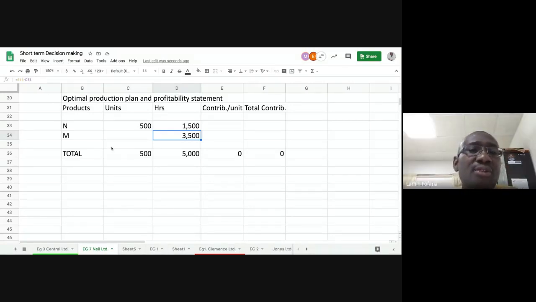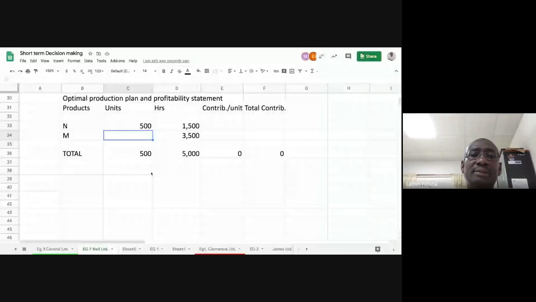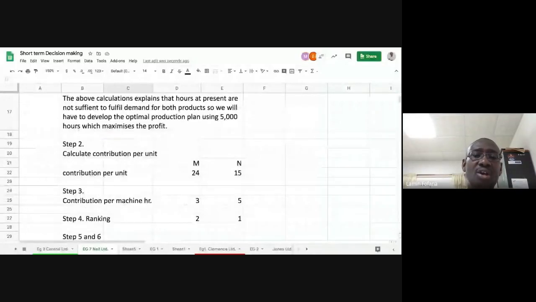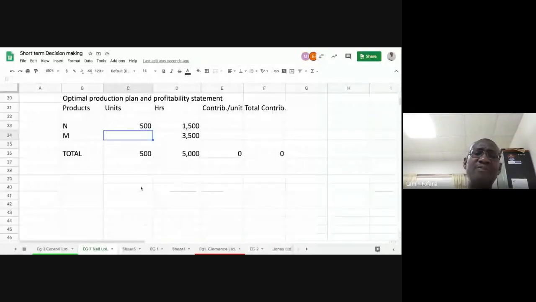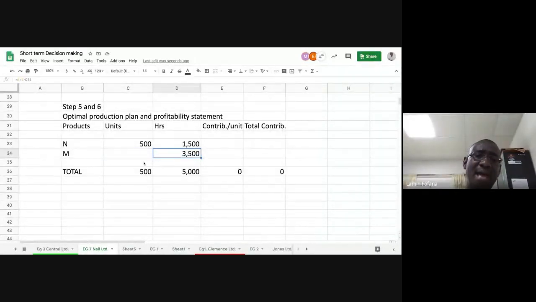Okay, so in order to calculate the total number of hours, we take the units multiplied by the hours per unit. And we all know the hours per unit for M is 8. So if we do the opposite, in order to get the units, it is the total hours divided by the hours per unit.